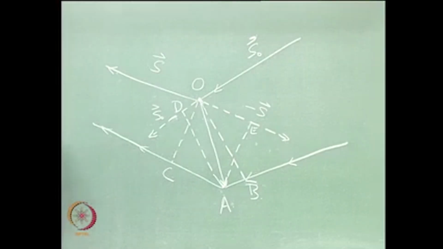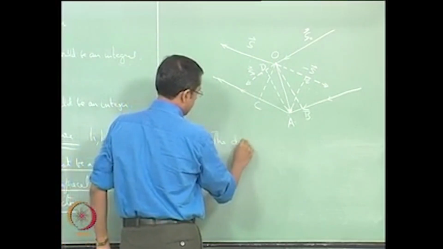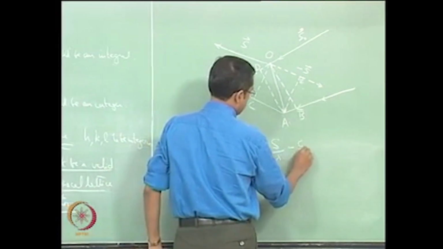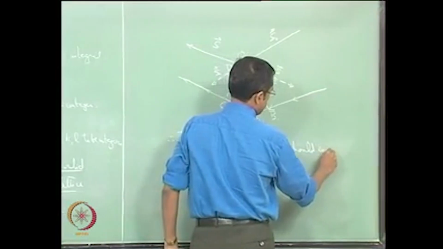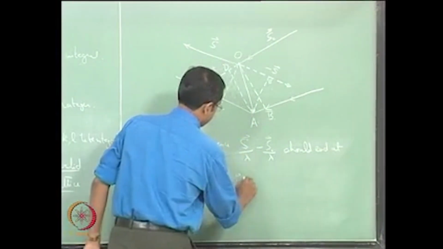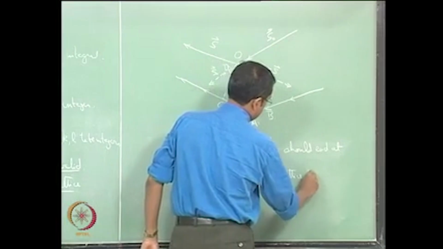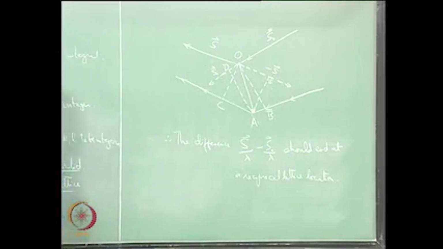If you look at these quantities, the way it will work out is we need this difference to end up at a reciprocal lattice location. So they should arrive at a reciprocal lattice location for constructive interference to occur.